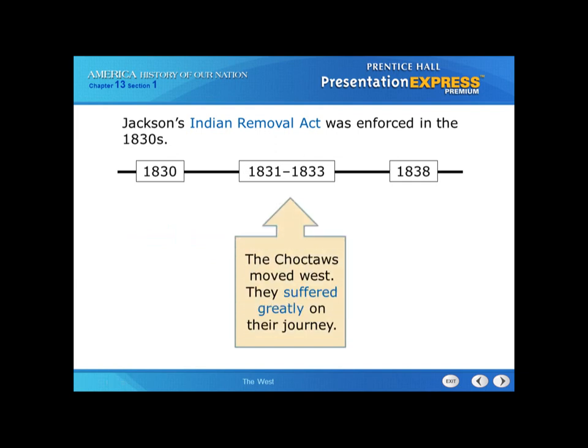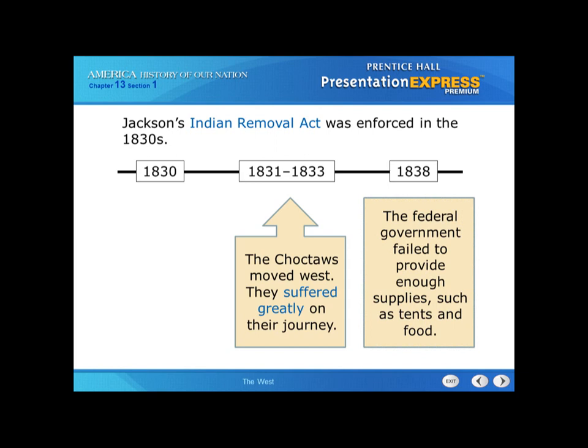Jackson's Indian Removal Act was enforced in the 1830s. The Choctaws moved west. They suffered greatly on their journey. The federal government failed to provide enough supplies such as tents and food. So one might wonder if the Cherokee Nation is paying attention here. They see that the Choctaws being moved west, it didn't go real well for them.